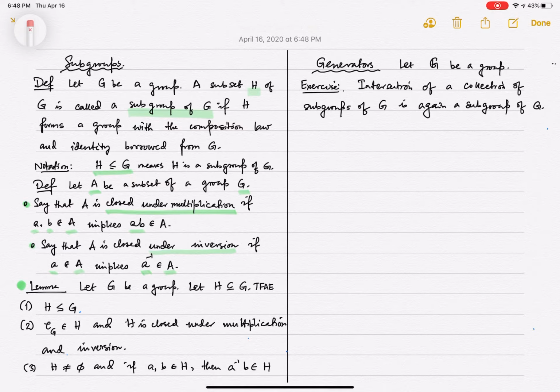So, if you give me any subset of G, I can find the smallest subgroup containing it.